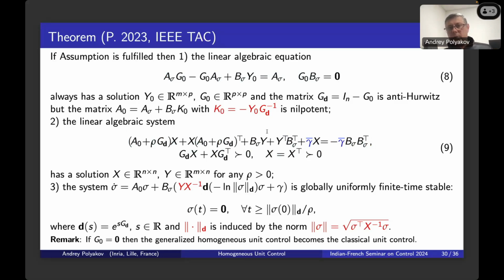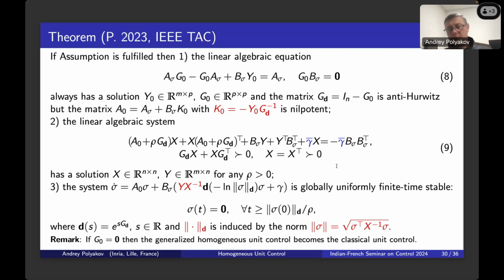And this system is always feasible under the given assumption about controllability of A sigma and B sigma, as is proven. And this lemma is also feasible, and the proof can be based also on our previous constructions, just with some small tricks, but it's also possible to prove that under the same assumption about controllability of A sigma, B sigma, this lemma is also feasible.